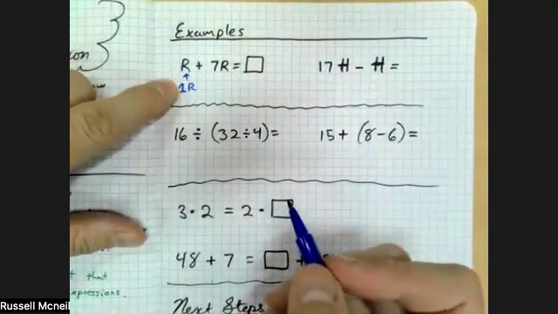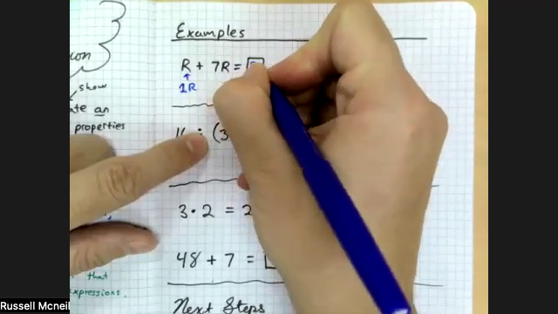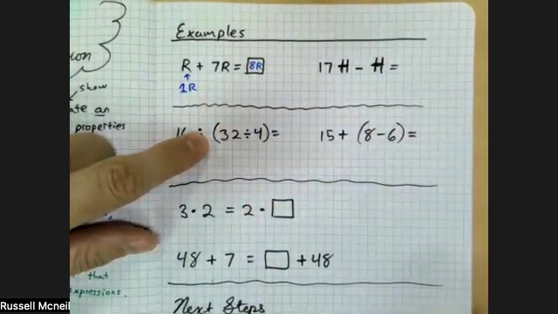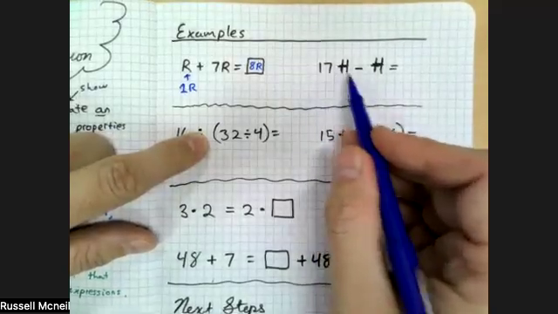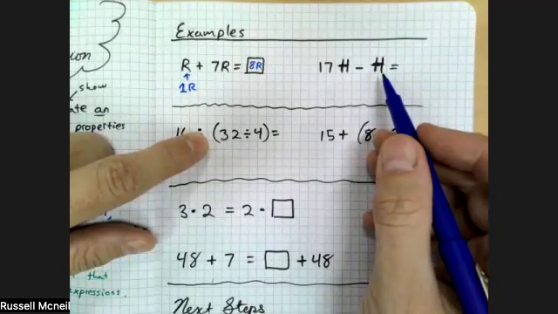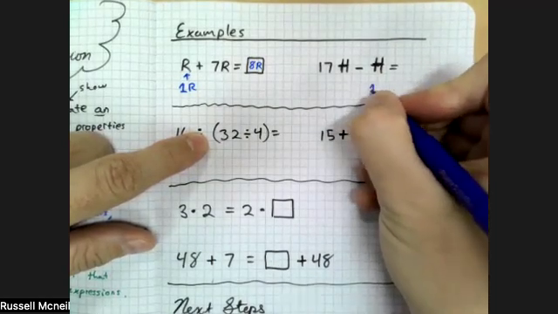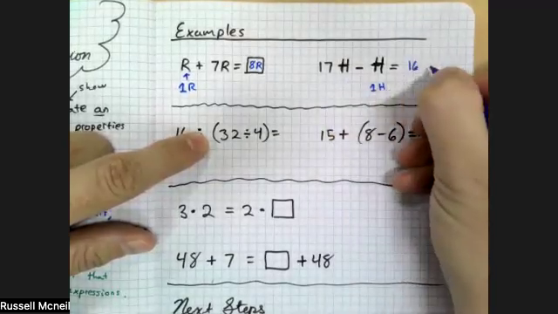So when it's on its own, we're going to say 1r plus 7r is, you guessed it, 8r. So with the same example here, 17h, we don't know how much h is worth, but minus h, we really want to subtract how many h's? That's correct, 1h. So 17h minus 1h, we've got 16h.